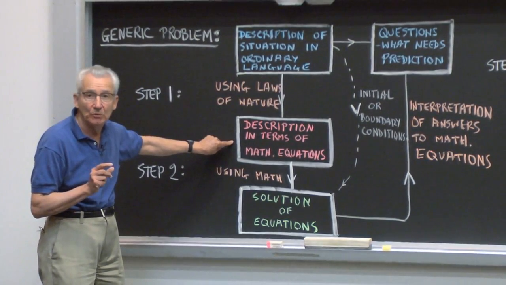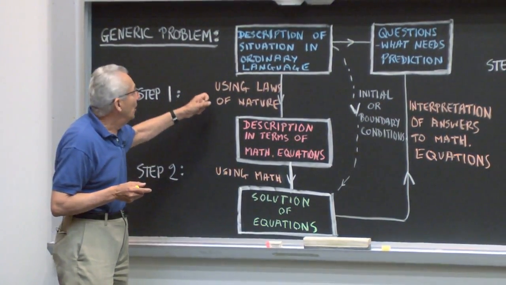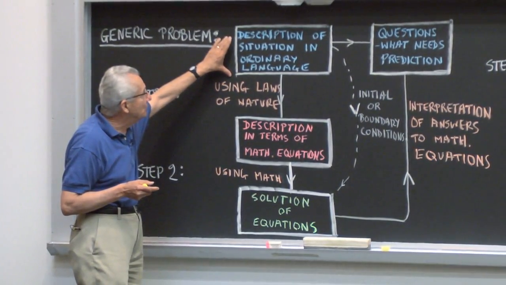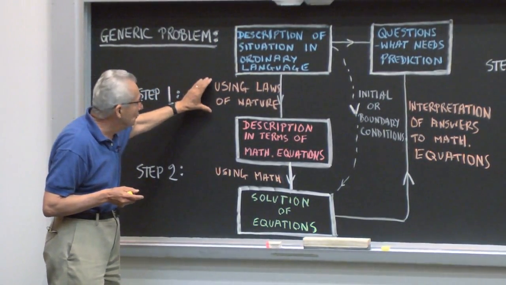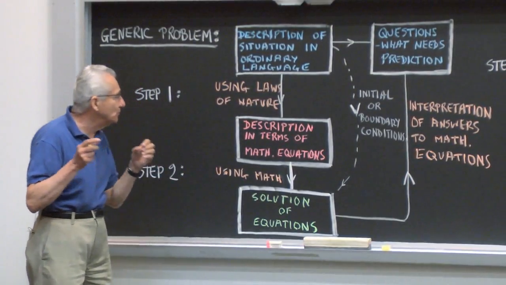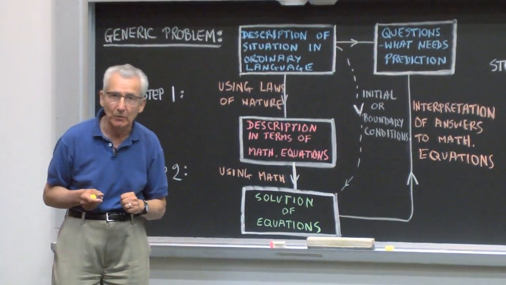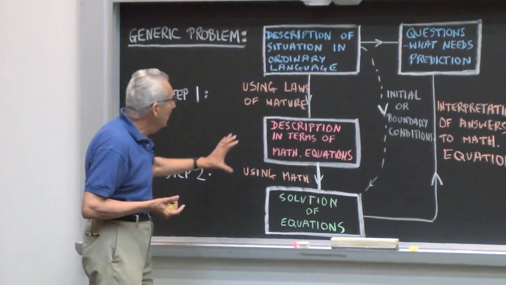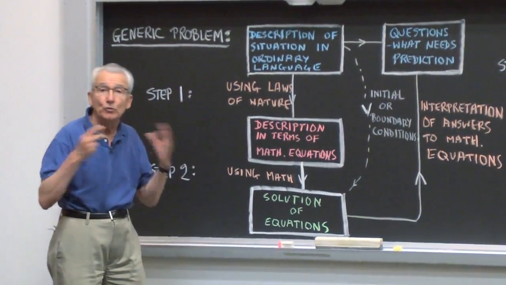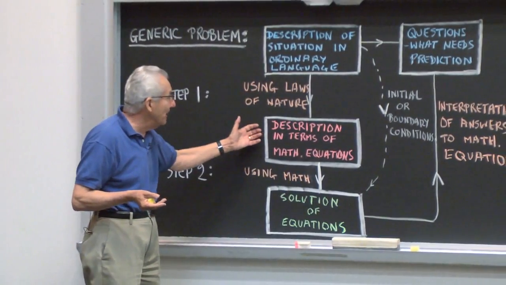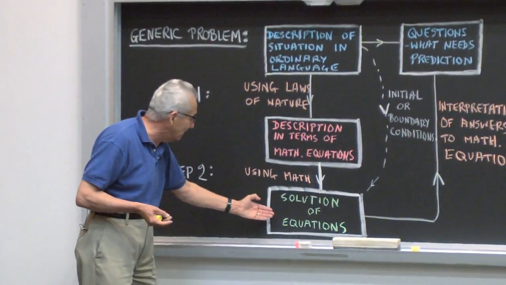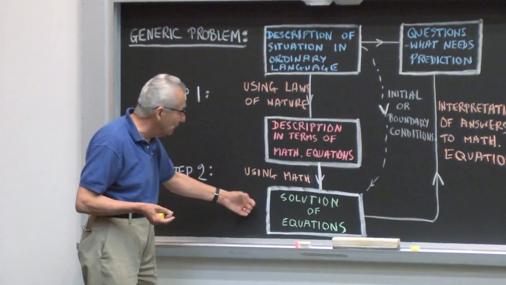This is always possible. So, starting with this description, using laws of nature, we end up with a description in terms of mathematical equations. The next thing we do is, we now forget that this has anything to do with physics. We have a set of mathematical equations which we have to solve. This is mathematics. We use mathematics to solve this problem.